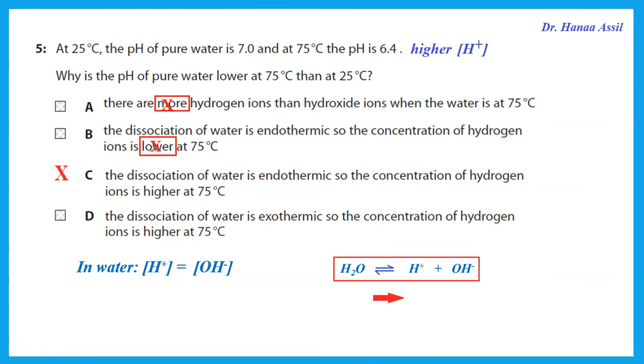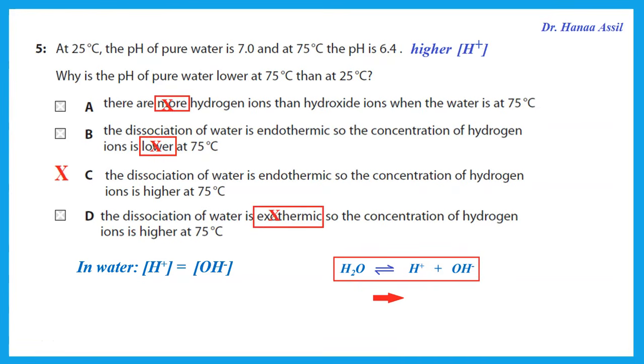If we increase temperature and it goes to that side, then that side is endothermic, and the concentration of hydrogen ions is higher at the higher temperature. Dissociation of water is exothermic? No, it is not. It should be endothermic, since at higher temperature I have more H+ ions.